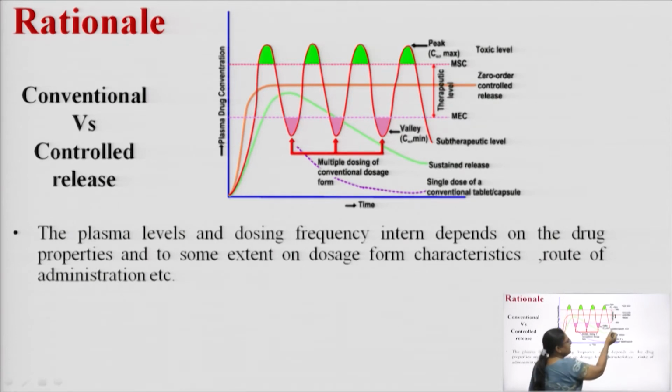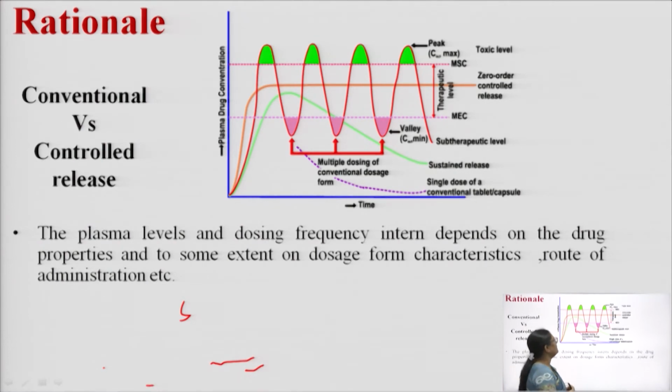The minimum effective concentration is the plasma drug blood level required for a drug to show its therapeutic efficacy. That is, if the drug plasma concentration is below the minimum effective concentration, the drug will not show any pharmacological effects. So, it is necessary that the attained plasma levels are above the minimum effective concentration.